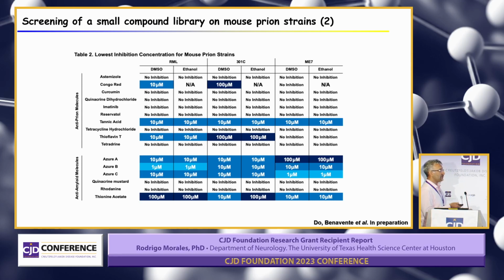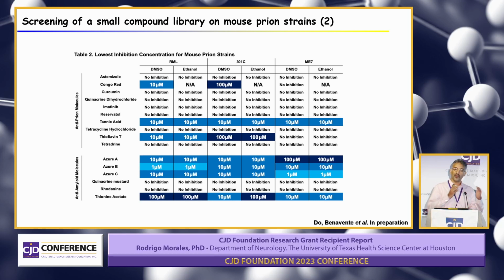As you can see, some compounds were not able to inhibit these prions. Some of them were previously shown to inhibit prion replication, but in our system, for these particular strains, they didn't. But you can also see that some compounds are able to inhibit only certain prion strains, but not others. So we are seeing compounds that are very specific for particular prion strains. We are also able to detect the specific activity for specific compounds.